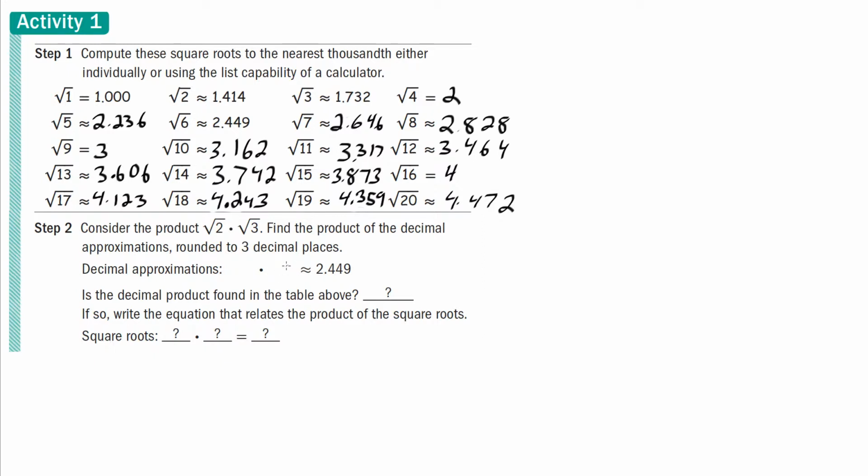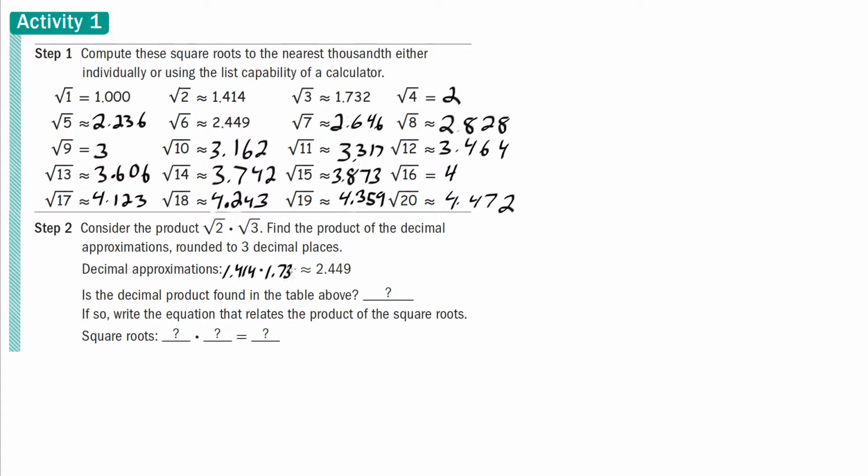So the decimal approximations rounded to 3 decimal places were, for root 2, 1.414, and for root 3, 1.732.